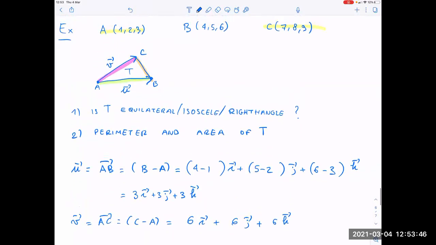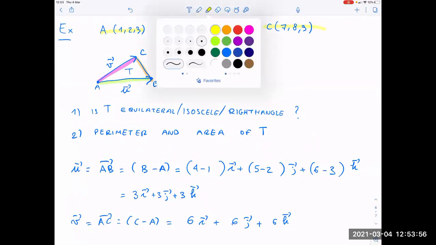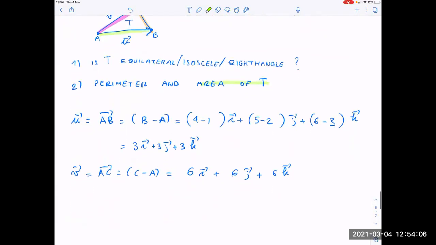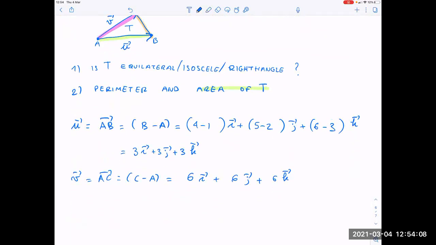Using these two, we can immediately find the area. The area of T we can immediately find as the cross product. So the area of T is going to be U cross V, and then the magnitude.